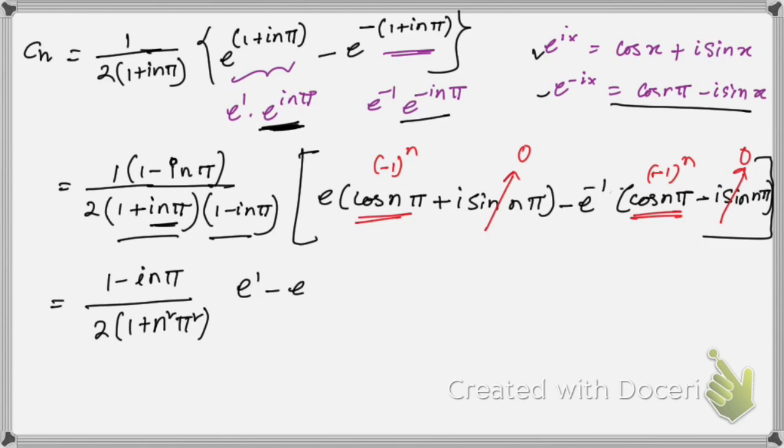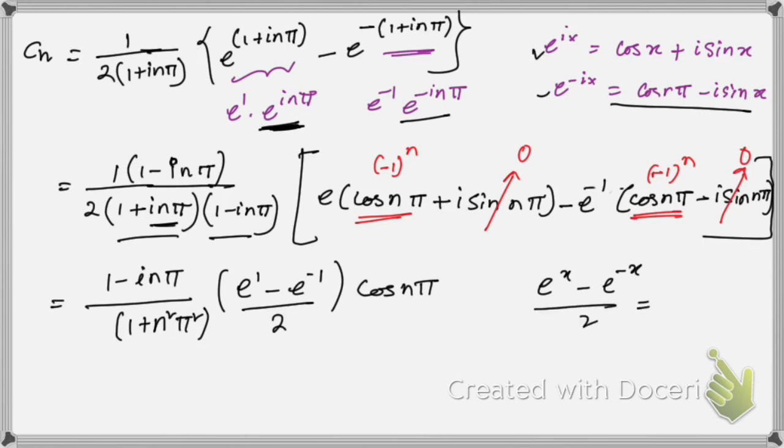Okay, so now e to the power -1, and we have cos n pi here, right? So these two can be written together. We have another identity that e to the power x minus e to the power minus x by 2 is sine hyperbolic x, and here x is 1, so we're going to have sine hyperbolic 1.